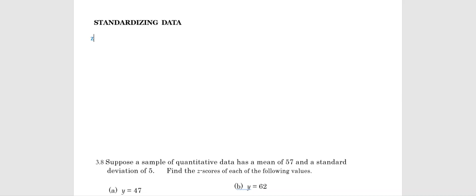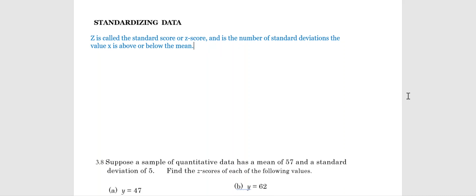It's Z. It is called the standard score, or z-score, and it is the number of standard deviations the value x is above the mean. Oh, above or below, because it could go either way, sorry.